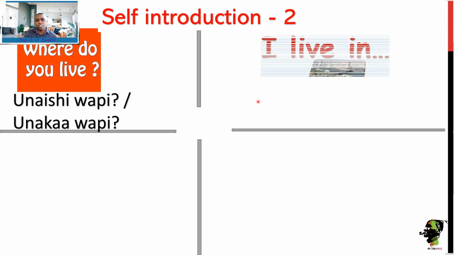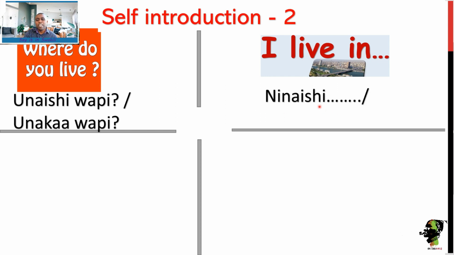If someone is responding to you, I live in, how would they say? Ninaishi London, ninaishi Miami, ninaishi Italia. Just mention where you live. Any part of the world. Sorry for mentioning Europe only, but you can say any other word. Ninaishi Africa. You just mention where you live.